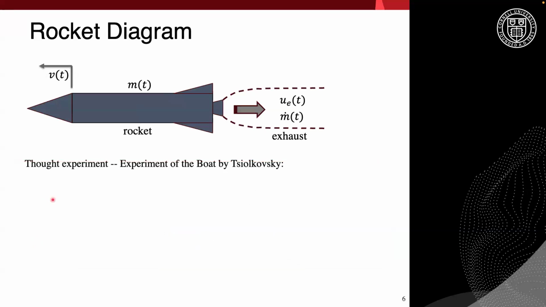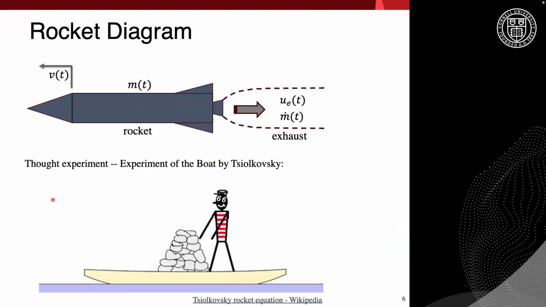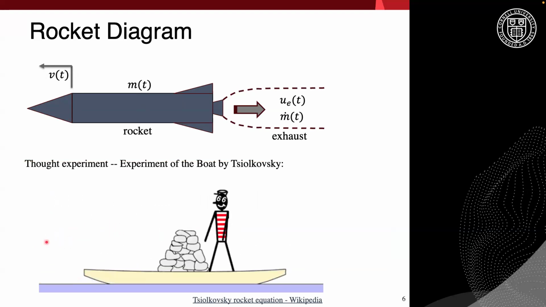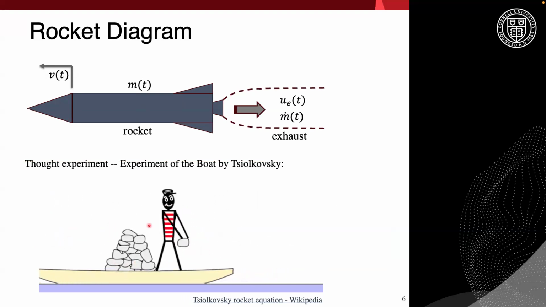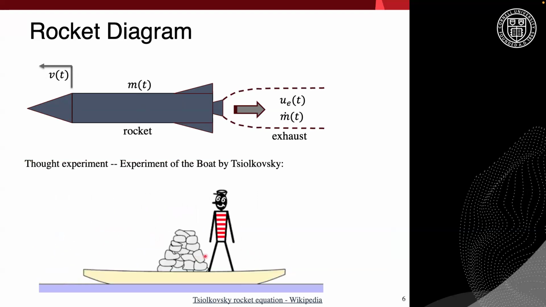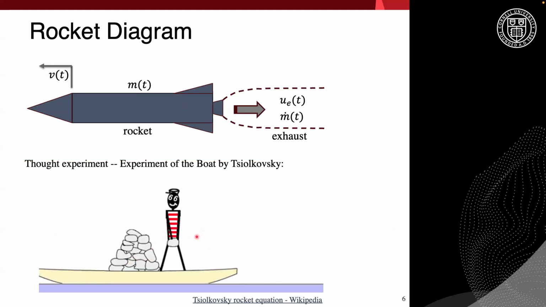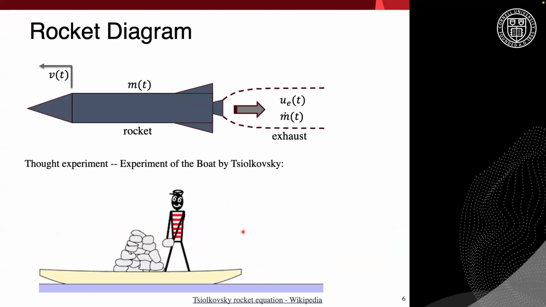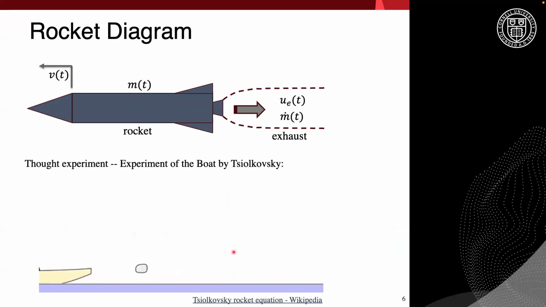And we can have some intuition with this thought experiment, which is called the experiment of the boat by Tsiolkovsky. So imagine a guy on a boat, and there are stones in the boat, and this person here throws the stones to the water. And each stone here has a given momentum that is the mass of the stone itself times the velocity.